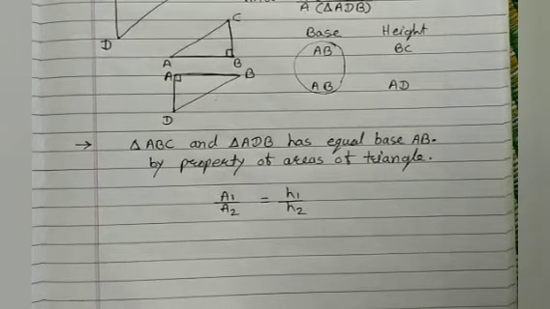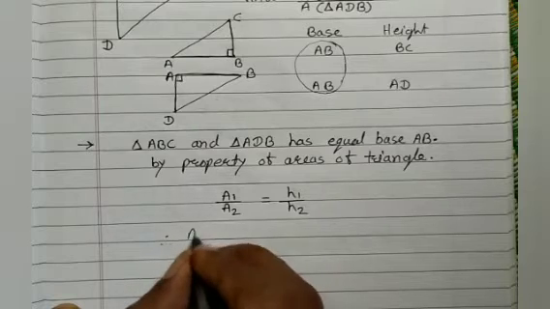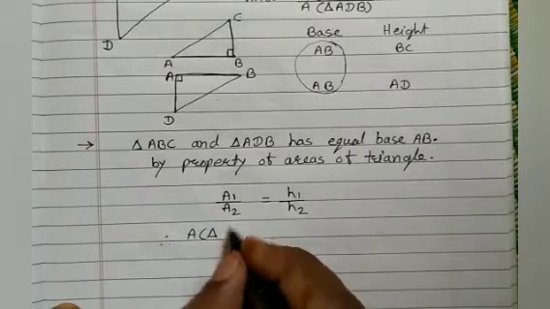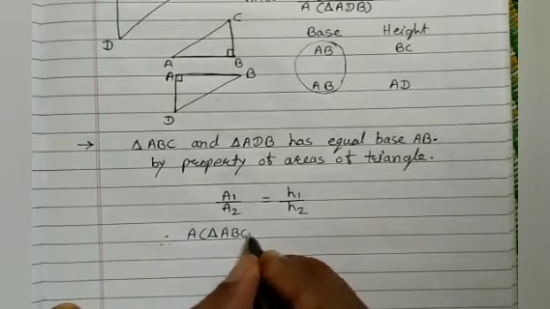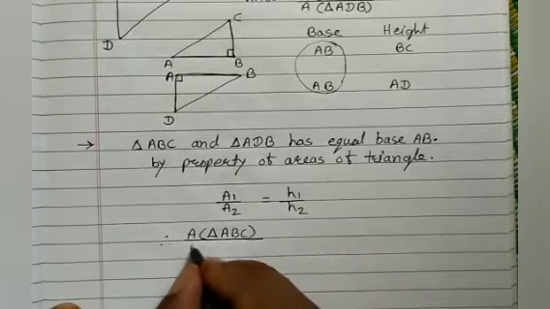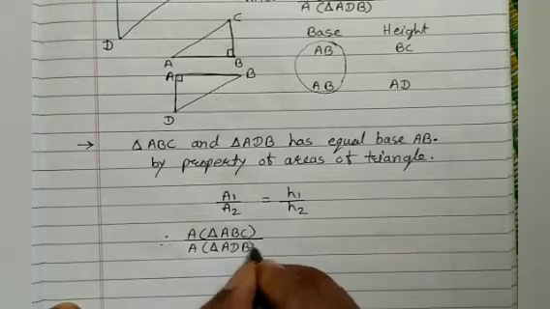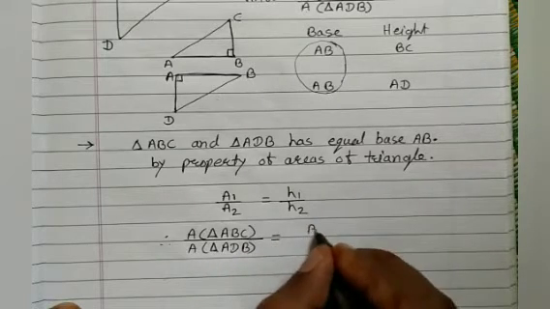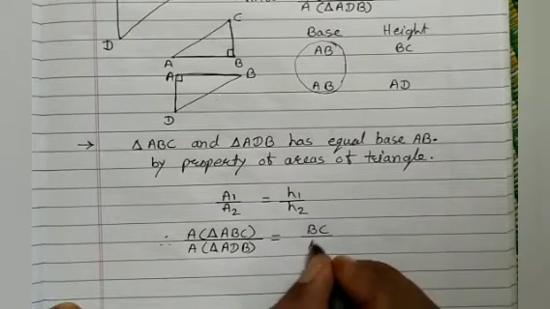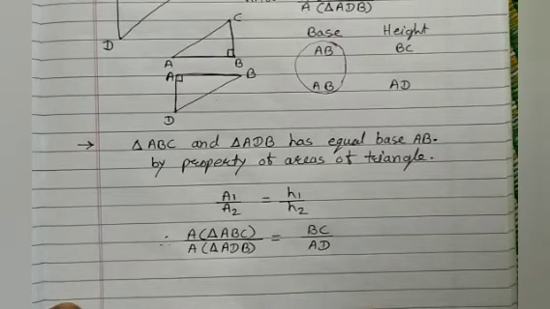This is the property. Therefore, ratio of area, first area of triangle ABC upon the second area of triangle ADB, equals the ratio of heights. First height is BC and second height is AD.